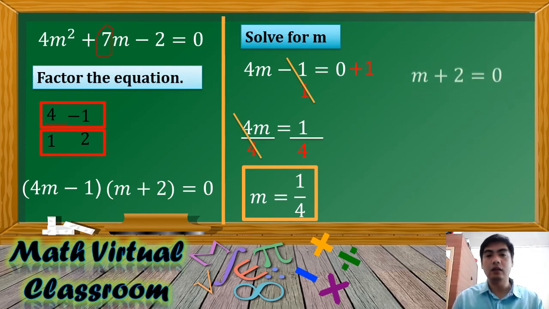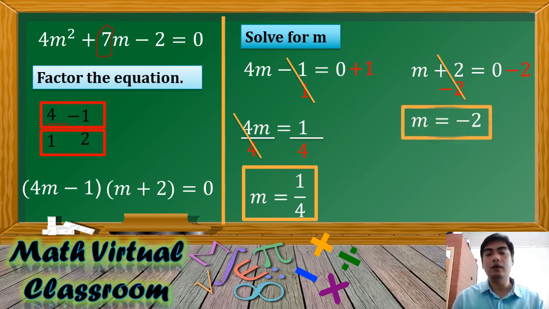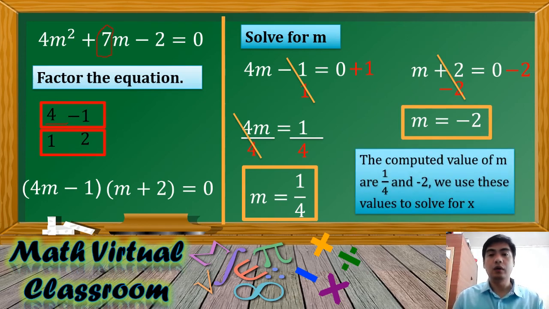On the other hand, m plus 2 is equal to 0. Again, our aim is to isolate m. So let us add -2 on both sides of the equation. That would be 0. m now is equal to -2. So the computed values of m are 1/4 and -2.